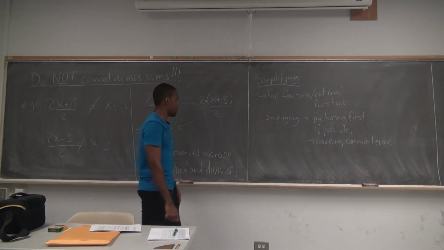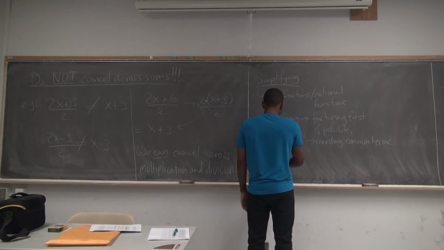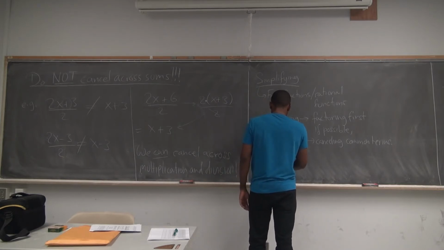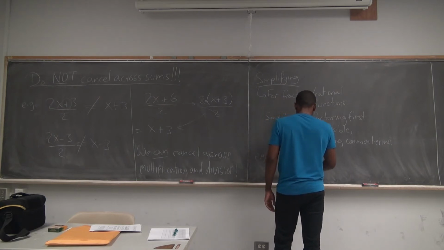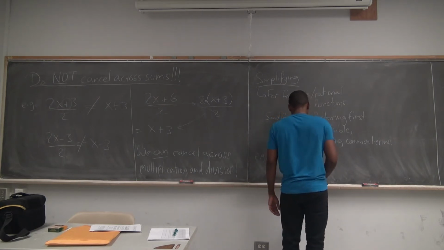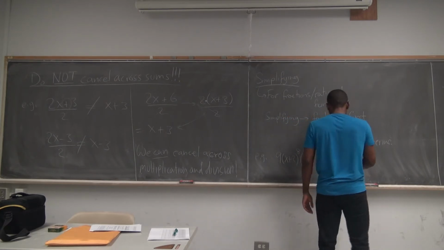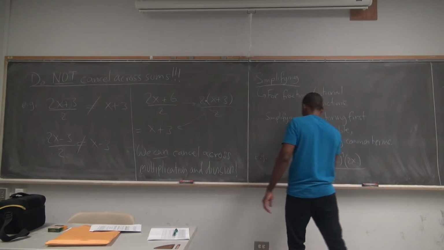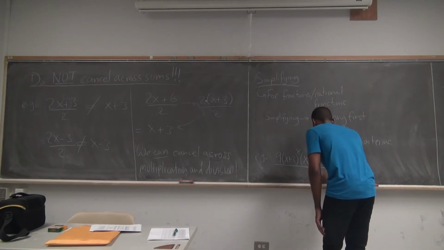So little rules like that, like what it means to simplify something, I expect you guys to know. Last semester I was teaching this class, where we had something like, let's say I had 9x plus 2 to the 8 times x squared minus x plus 2 to the 9th times 2x, over, let's say, x plus 2 to the 16 or something like that.